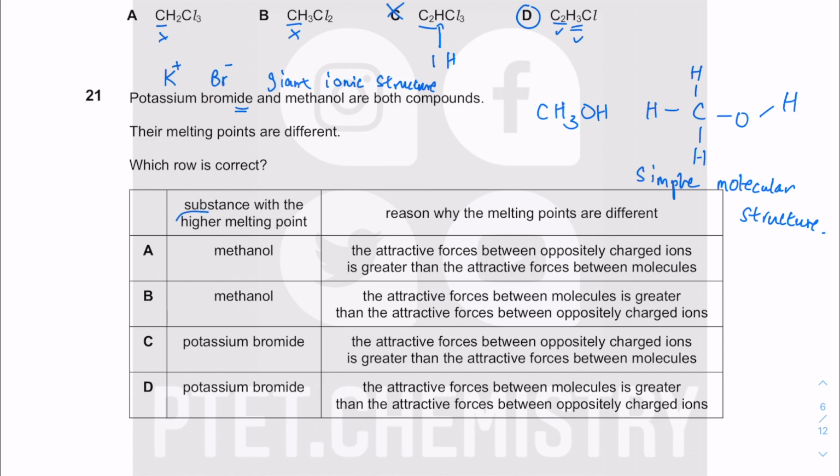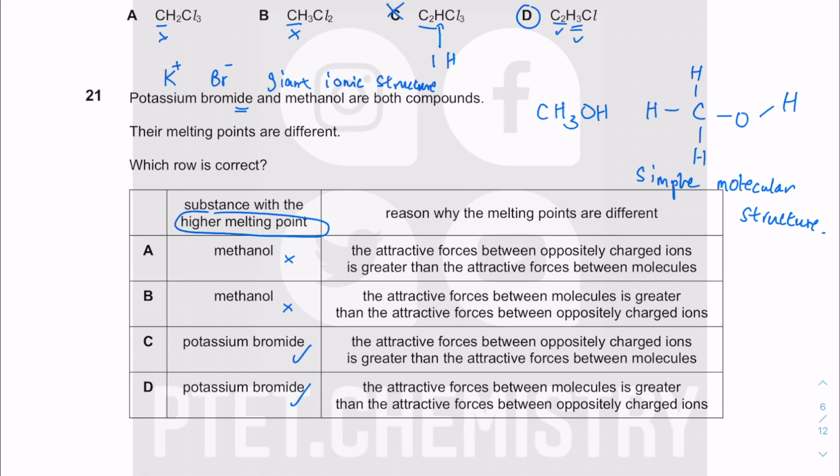So the one with the higher melting point cannot be the simple molecular structure. It has to be the giant ionic structure. It has to do with the force of attraction, which is the ionic bond between the oppositely charged ions, being definitely greater than the weak intermolecular forces between the molecules. To melt or boil a simple molecular structure, you would just break the weak intermolecular forces between the molecules.